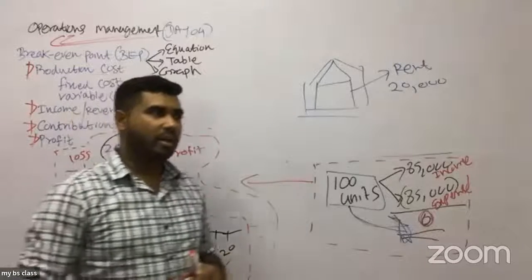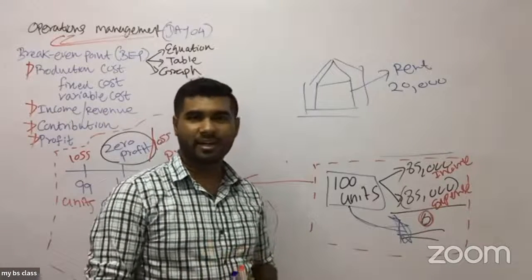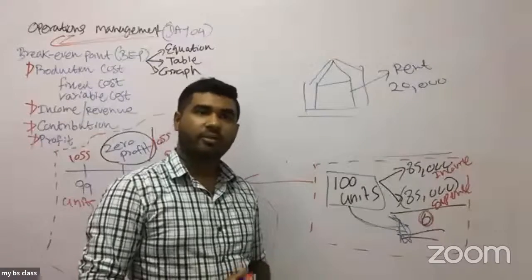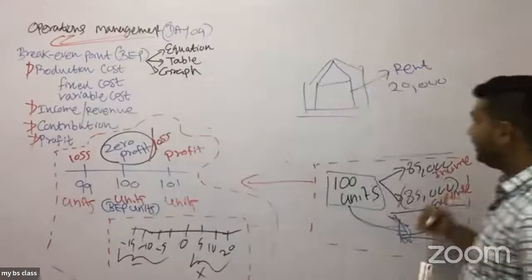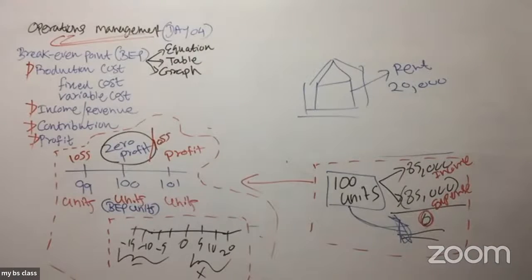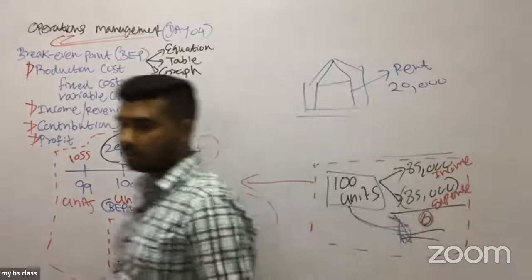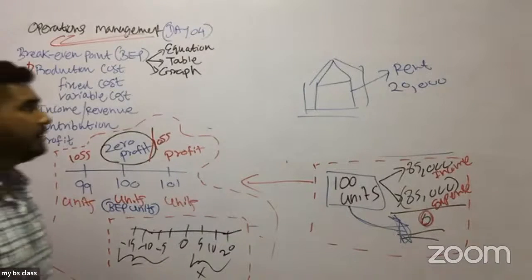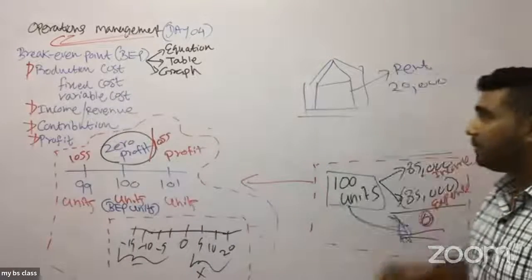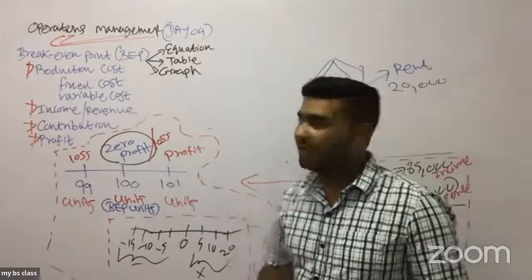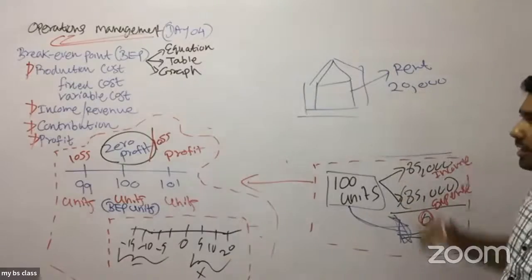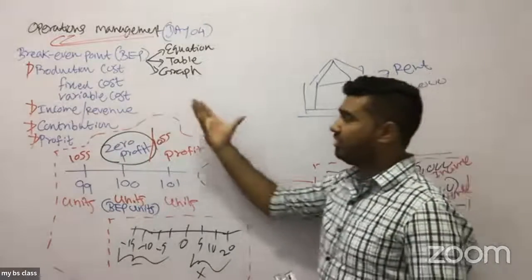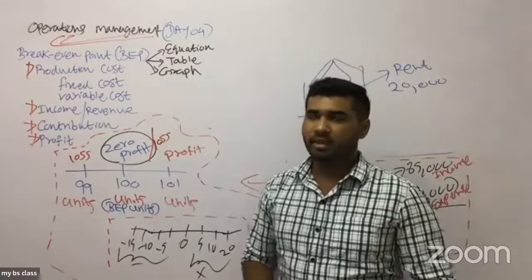The owner will be asking me to pay the rent regardless. So whether I conduct the class or not is irrelevant, I will have to pay this rent of 20,000. So I would say that's a kind of fixed cost.